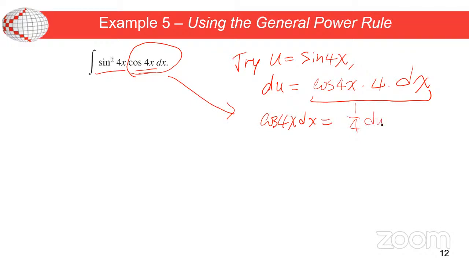You just divide both sides by 4. You can get what you need to convert. That's one way to do it. Some people use another way, which is a little bit shorter. So it's up to you. I will show you that if you prefer another way to do it. But anyway, this check shows that u equal to sine 4x will simplify this integral.